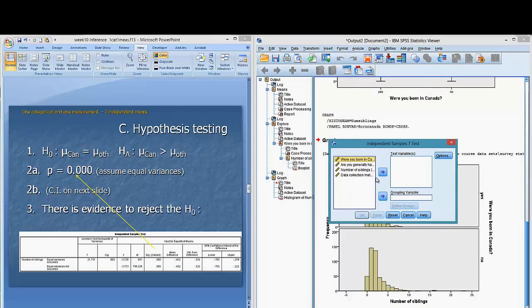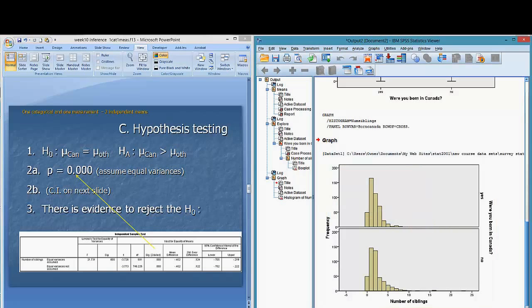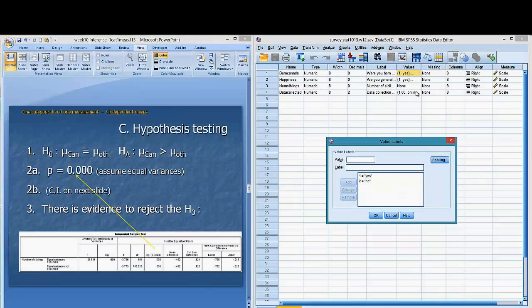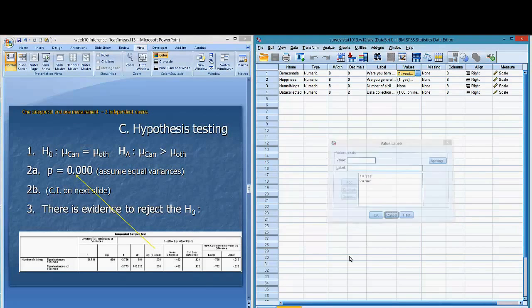The grouping variable here is were you born in Canada, and the only trick you have to worry about when number of siblings goes in as the test variable is how they were coded. We don't know, so I have to cancel out of this, go back to the data set, and take a look. Born in Canada: 1 was yes, 2 was no. So it's not 0, 1, it's 1, 2.